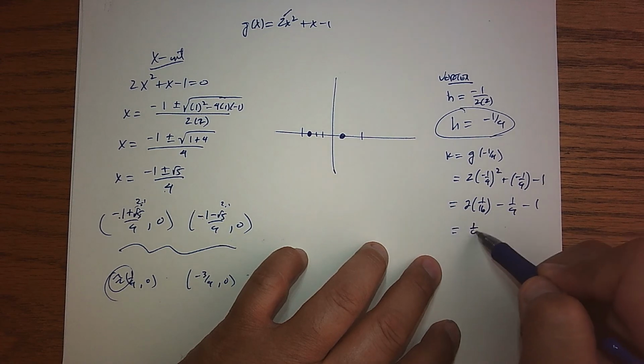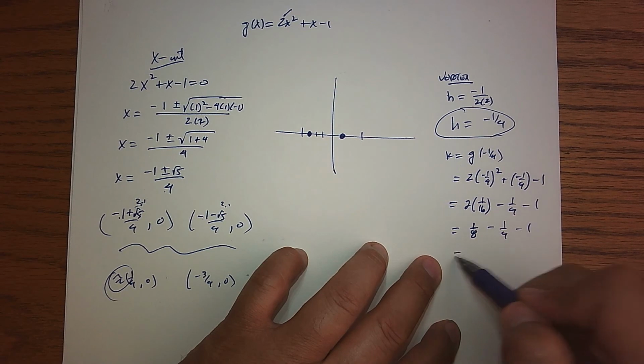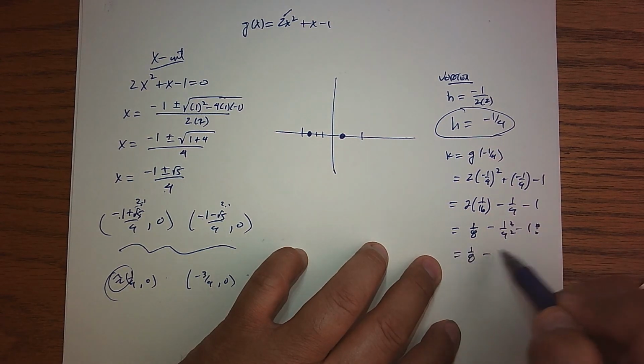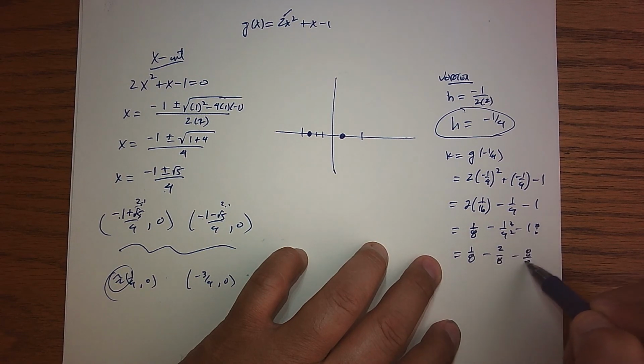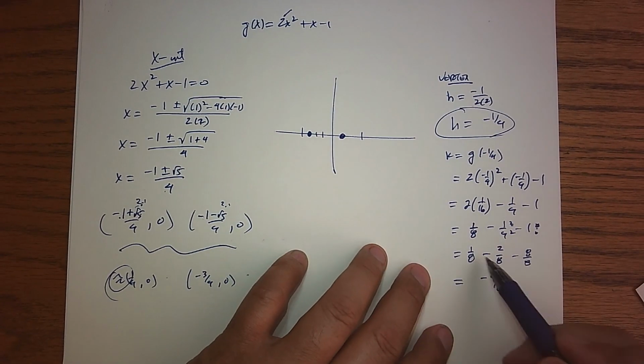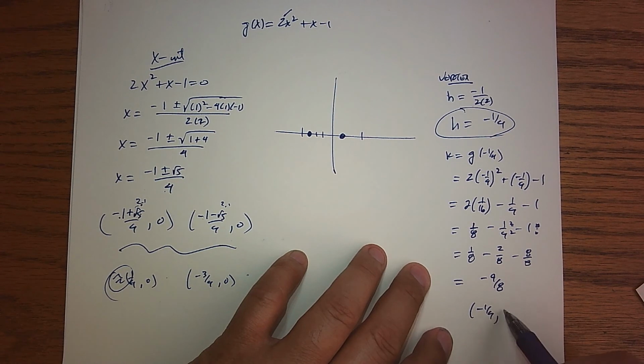This becomes 1/8 minus 1/4 minus 1. So putting everything into 8s, you get 1/8 minus 2/8 minus 8 over 8. And I think when I do that, I get negative 9 over 8, right? Yeah. So our vertex is at negative 1/4, negative 9 over 8.